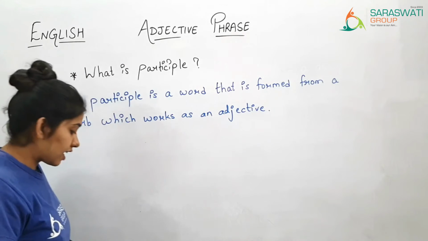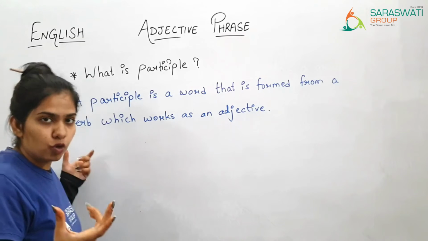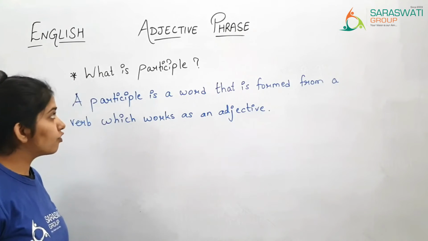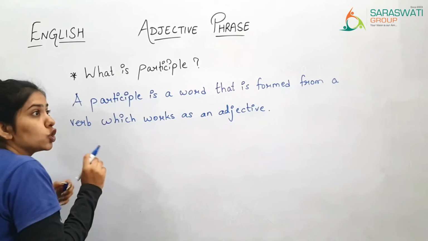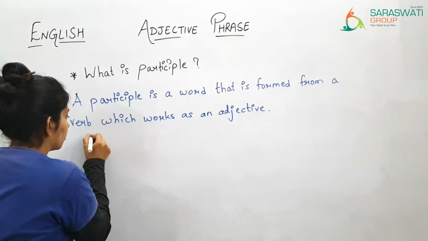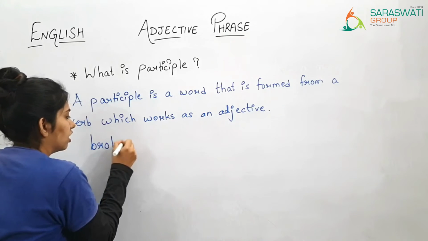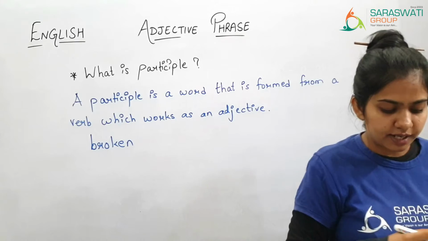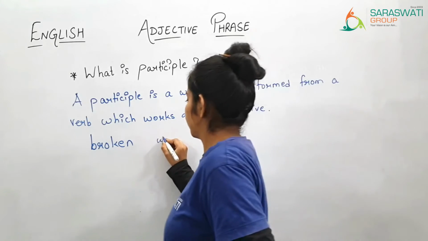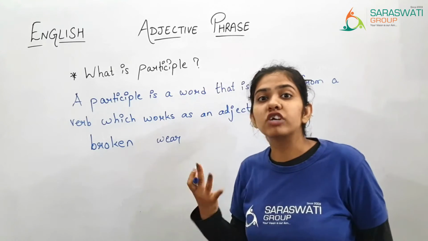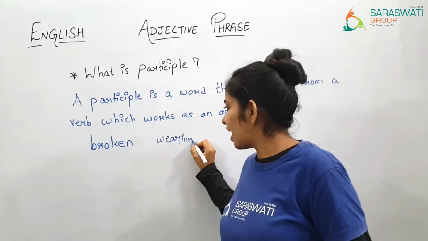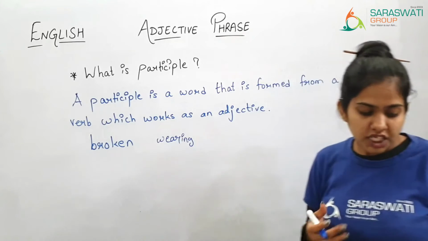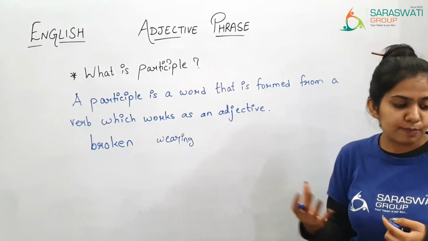A participle क्या एक ऐसा वर्ड है that वो verb से फॉर्म होता है और वो कैसे परफॉर्म करता है एडजेक्टिव की तरह. Now for example if I say broke, यानी तोड़ देना तो वो वर्ब हो गया. अब हम broken कर देंगे तो वो एडजेक्टिव की तरह यूज होगा राइट. तो वो वर्ब हो जाएगा. Now if we say wearing, तो वो हमारा participle हो जाएगा राइट. So such kind of words are known as participle.